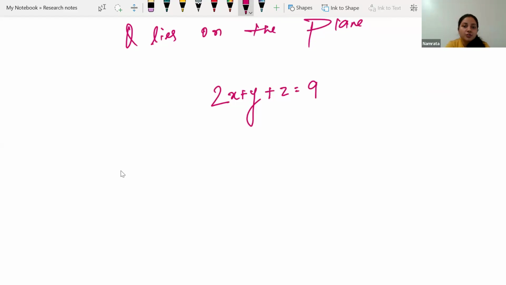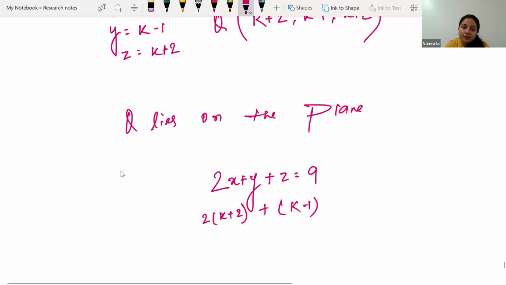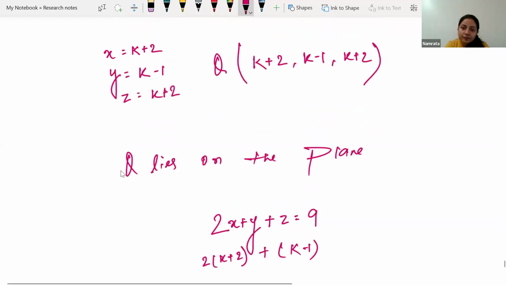Here we will substitute the point Q. So 2 times (K plus 2) plus y, which is K minus 1, plus z, which is again K plus 2, is equal to 9.